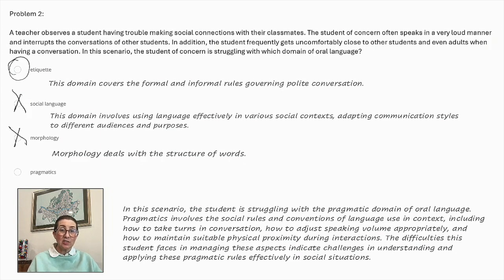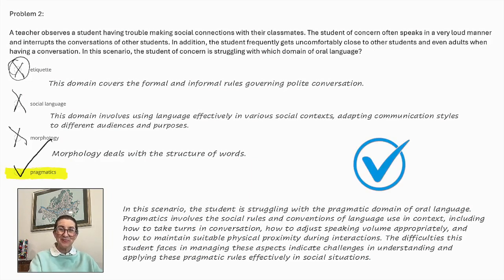The difficulties this student faces in managing these aspects indicate challenges in understanding and applying these pragmatic rules effectively in social situations. So we can eliminate etiquette. That's more about being polite and impolite and the right words and tone to use, not the entirety of body language and volume and all those other things. So pragmatics is the correct answer.